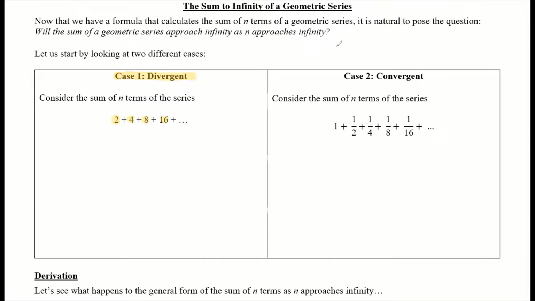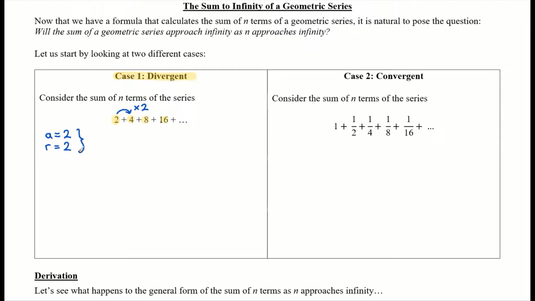So if I just have a look at the nth term rule for this. We just write down what we know. We know a is 2. r, the common ratio, is obviously 2 because we're multiplying by 2 to get from one term to the next.